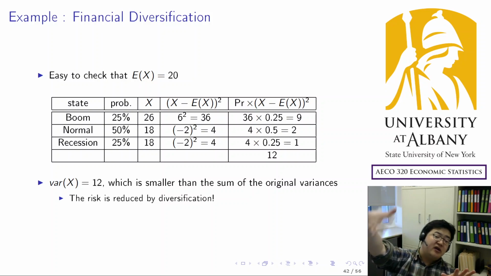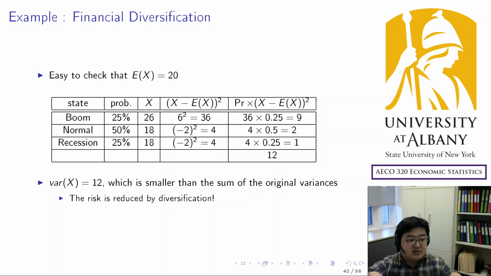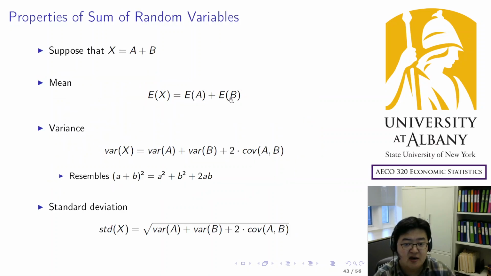So additionally investing in B reduces the total risk. It's strictly better than investing only in A. This is because of this formula. I'll show you how this works.